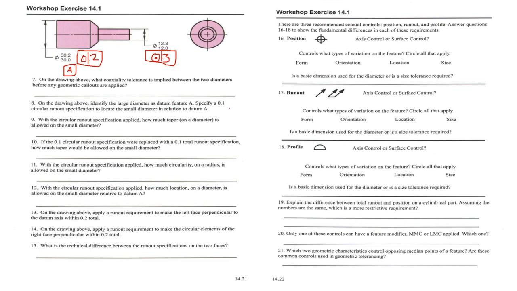Specify a 0.1 circular runout to locate the small diameter, with an arrow for the runout and the 0.1 tolerance with the datum A. So we can show it like this.